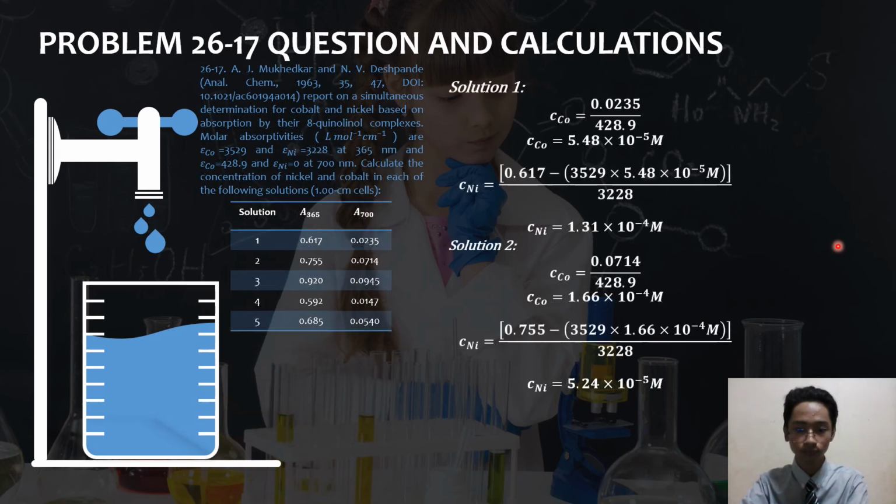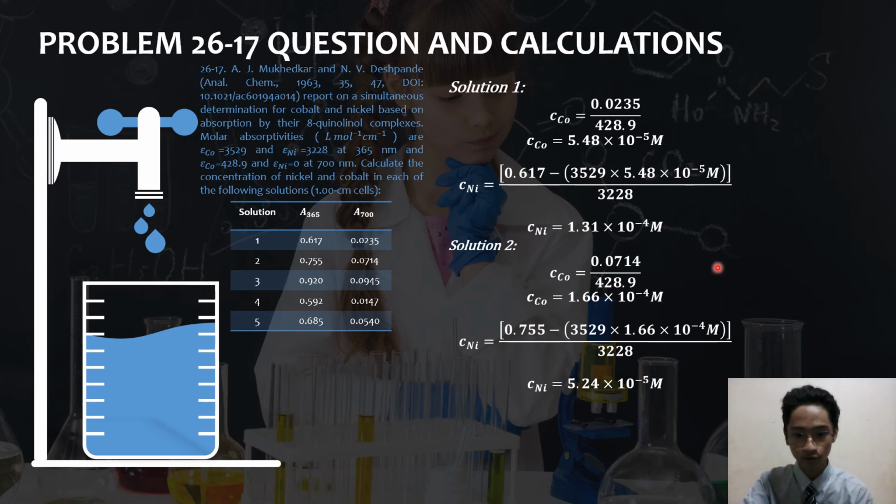So for our solution 1, we just substitute the values, and we get the concentration of cobalt, which is 5.48 times 10 to the negative 5. For the concentration of nickel, we get 1.31 times 10 to the negative 4.